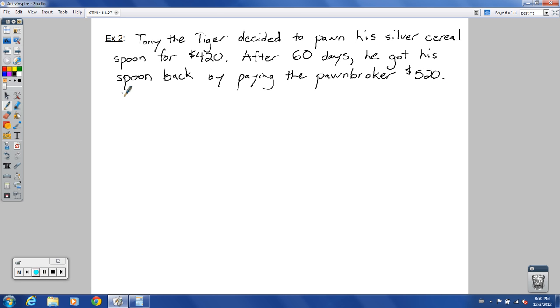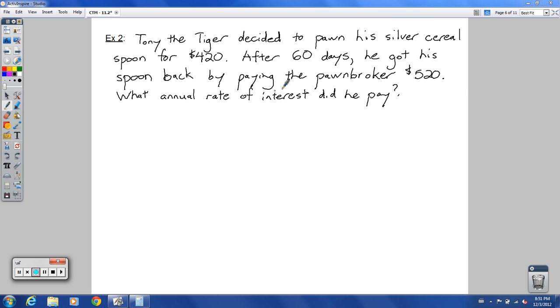So what annual interest rate did he pay? What annual rate of interest did he pay? So this could be his silver spoon. I'm going to try to draw a little drawing of that over here.